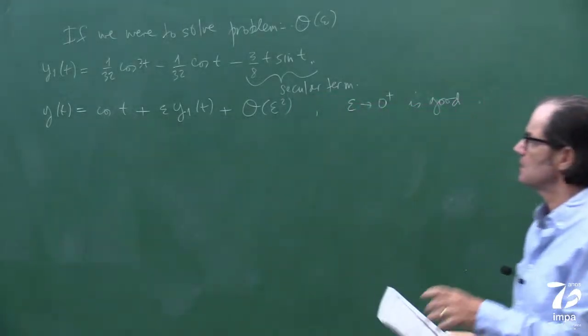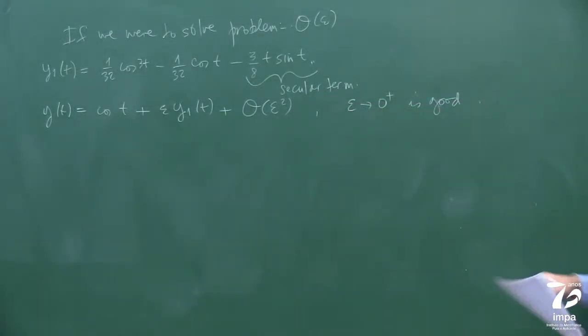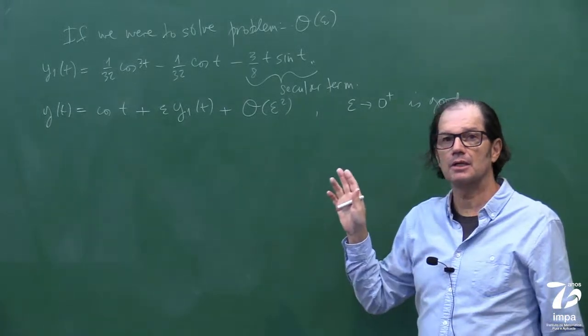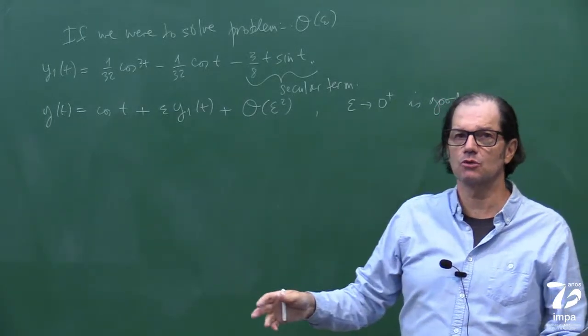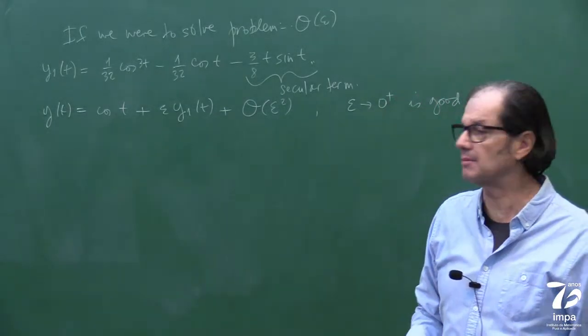So this solution for epsilon going to 0 plus is a good approximation. But we want a solution for a reasonable time interval.